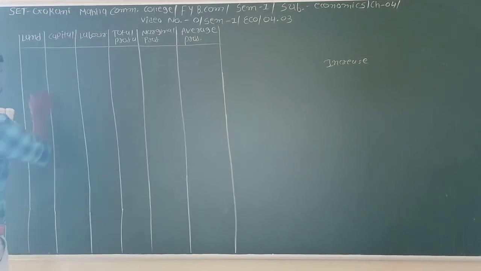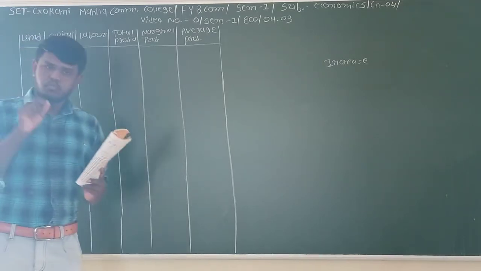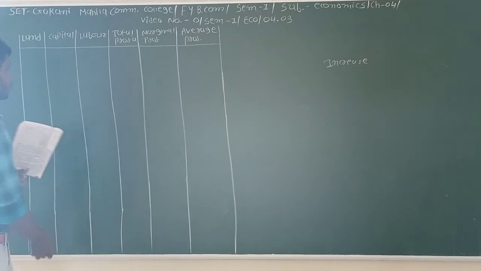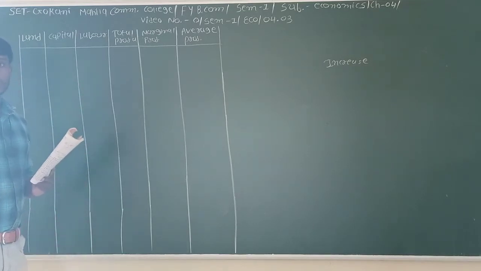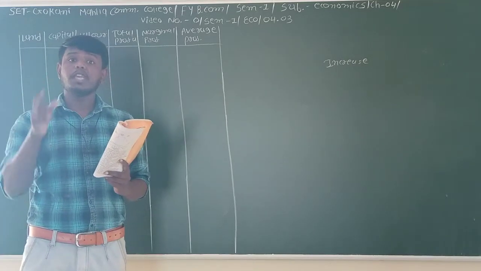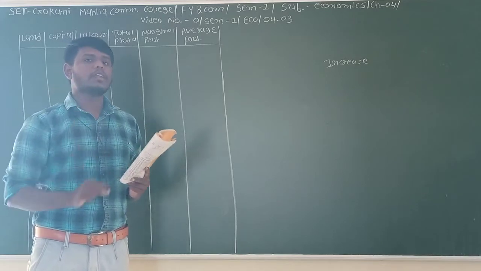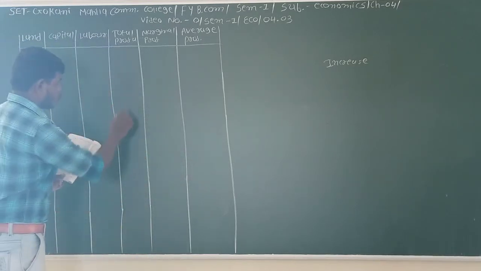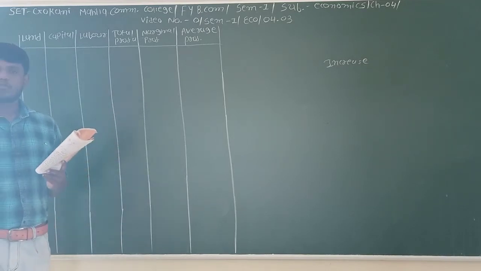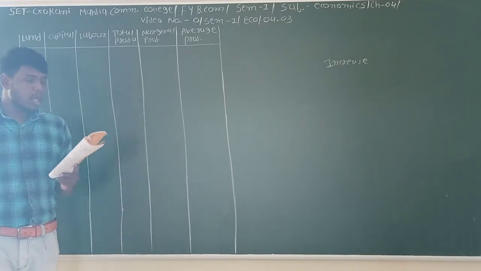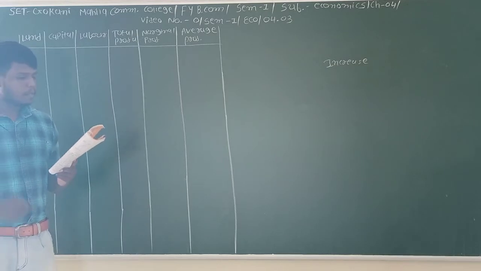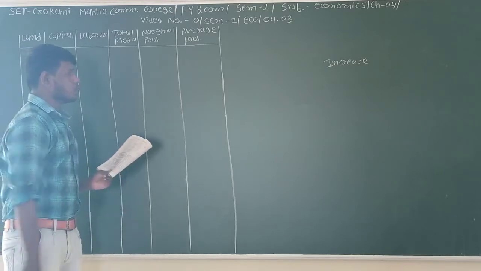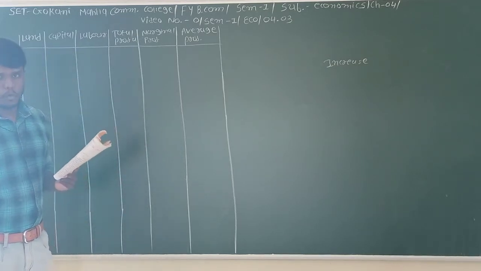We cannot change land and capital, so these two factors should be kept fixed. We only change labor. If we change labor and keep capital and land fixed, how does that affect total production? In your book, the fourth column is for total production units. After that, marginal production, and then average production.